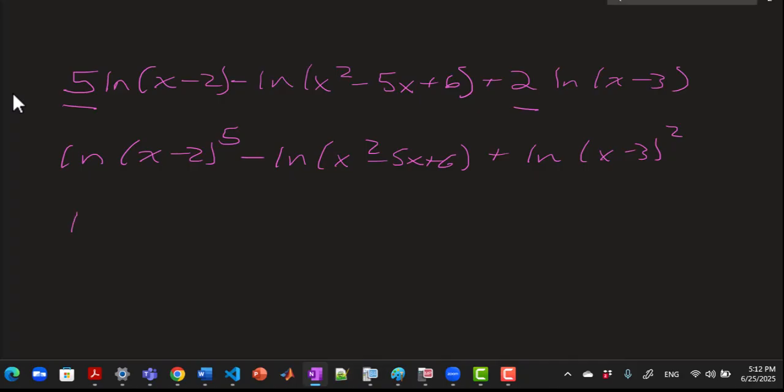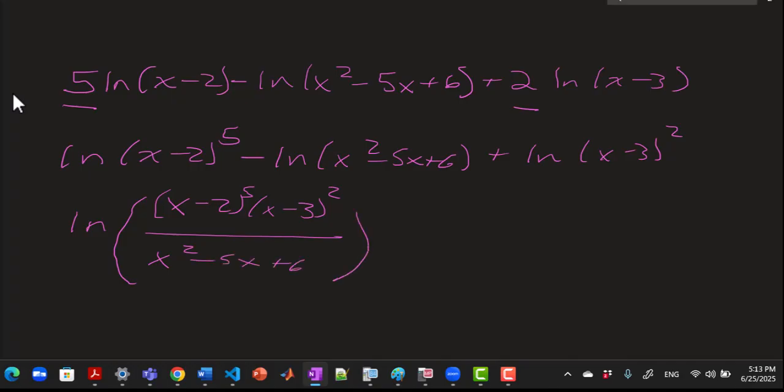So I can now write this as the natural log of x minus 2 to the 5th times x minus 3 squared over x squared minus 5x plus 6.